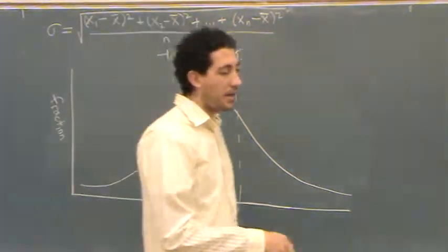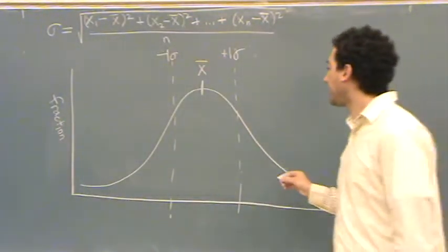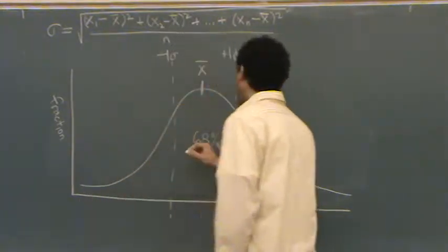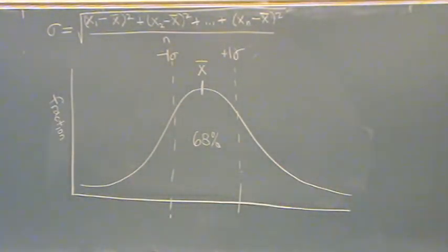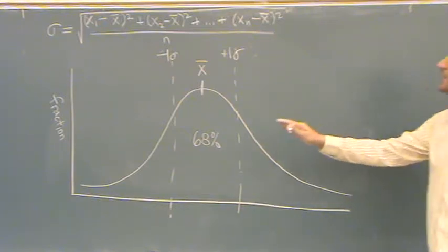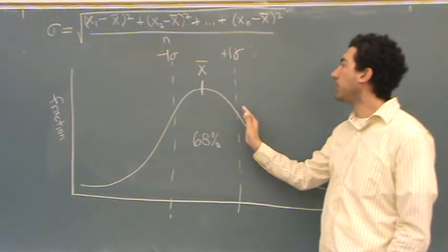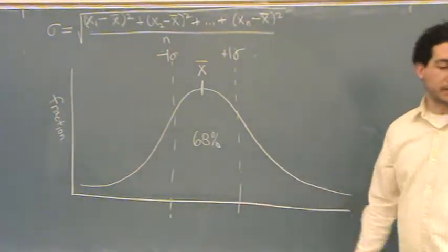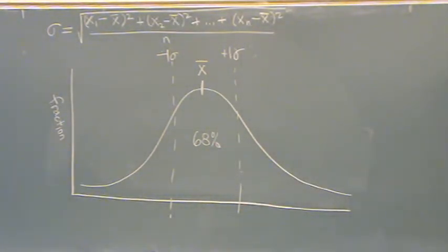Okay? Now, the percent of students that lie in this range would be approximately 68% of the total. So most students lie between 1 standard deviation above and 1 standard deviation below the mean. That's where you're going to find the majority of the students.